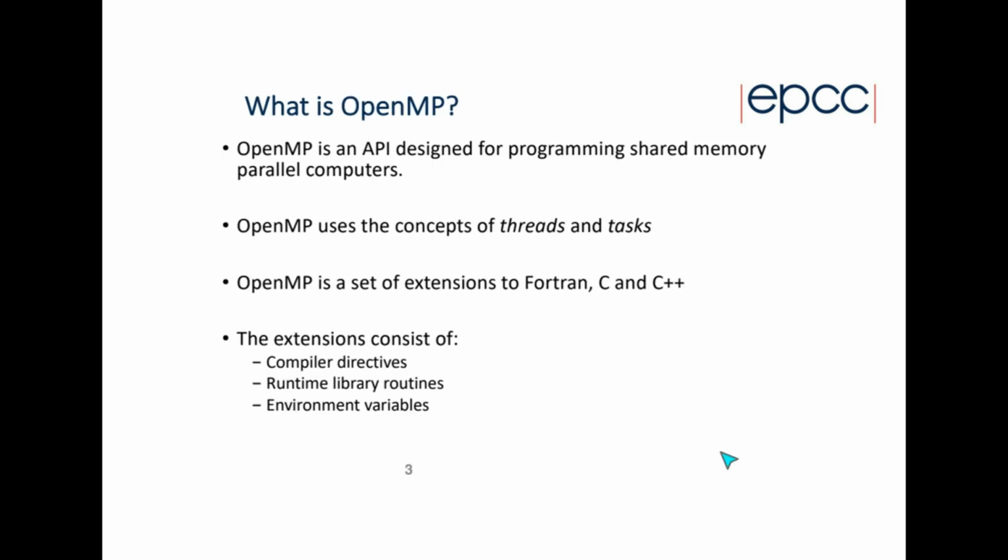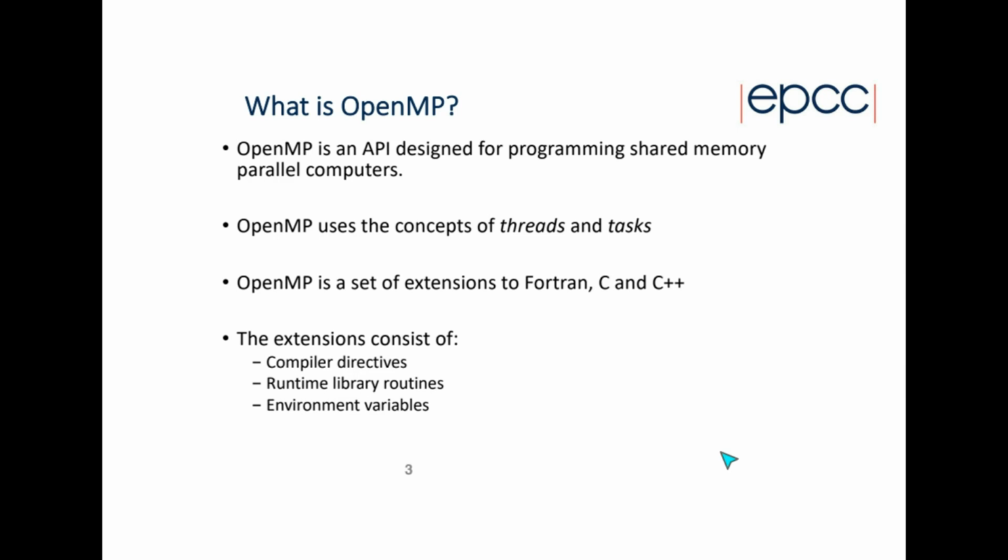So what is this OpenMP thing anyway? OpenMP is an API designed for programming shared memory parallel computers. It uses the concepts of threads and tasks that we talked about earlier. It's a set of extensions to Fortran, C, and C++.